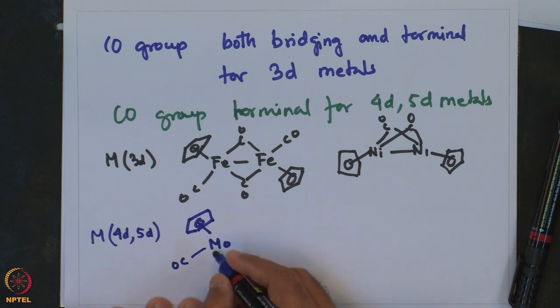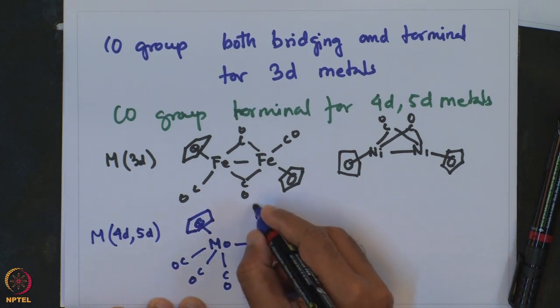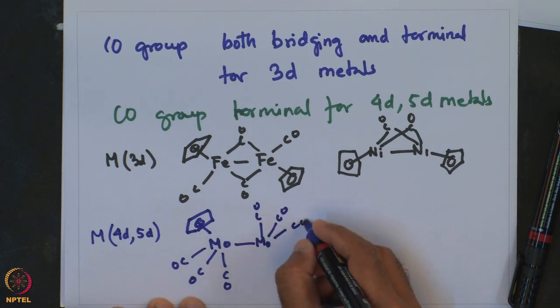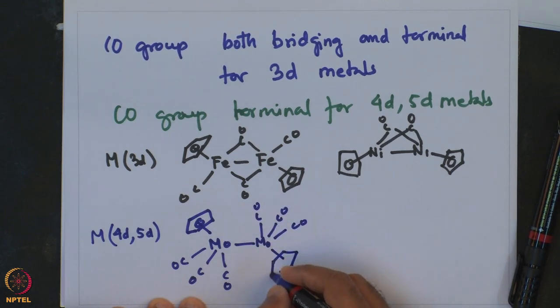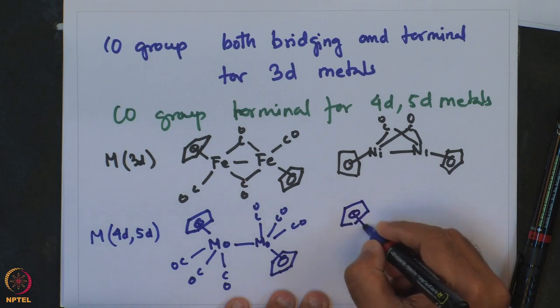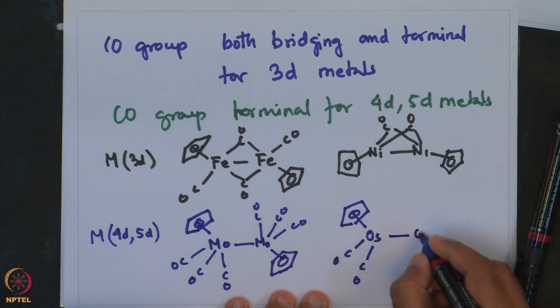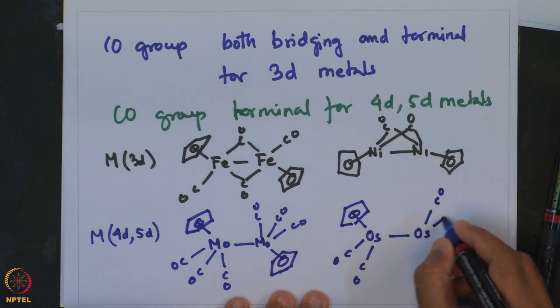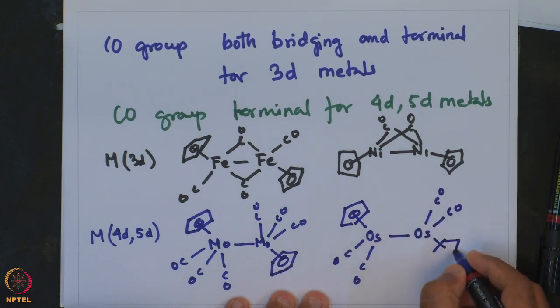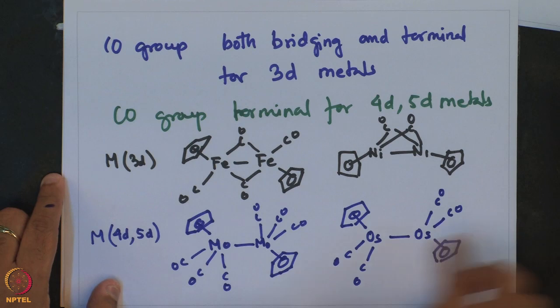For example, for this Cp molybdenum tricarbonyl dimer, and osmium Cp dicarbonyl dimer, which mainly have these terminal moieties.